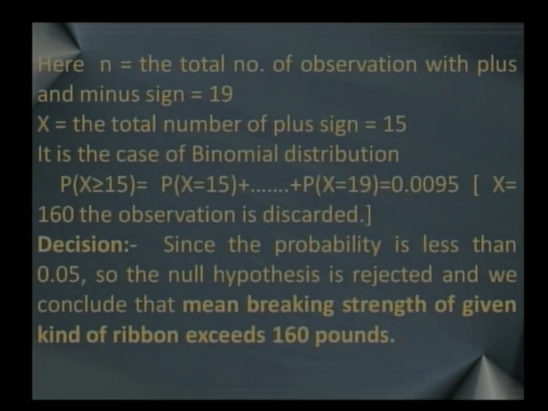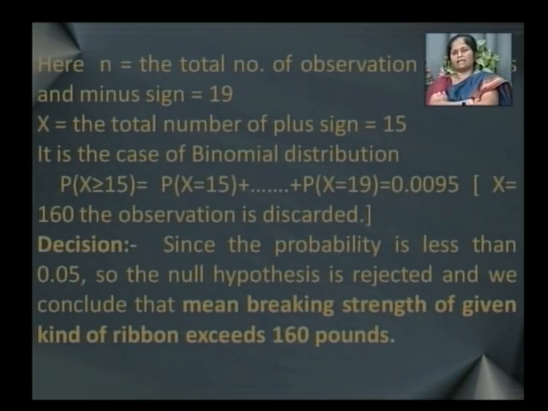We calculate the probabilities for 15, 16, and up to 19, and by applying the binomial distribution we get the value 0.0095. So what's the decision? The calculated probability is less than 0.05.